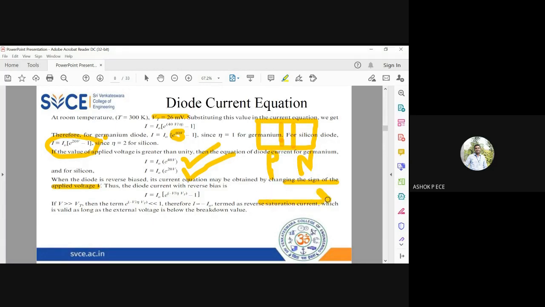They will cross the channel this way, and electrons will be crossing the other way. But in reverse bias, the holes will be coming in the opposite direction. In reverse bias, the holes will be going this way, and the electrons will be going in the opposite way. So you can see the direction is completely opposite, right?